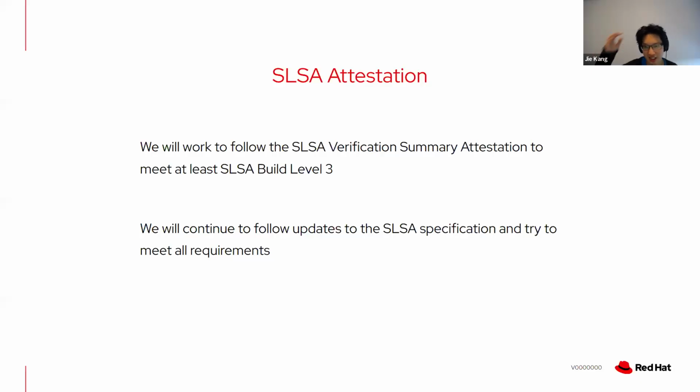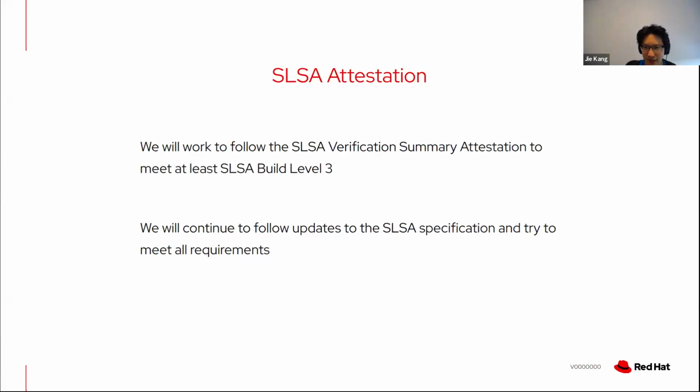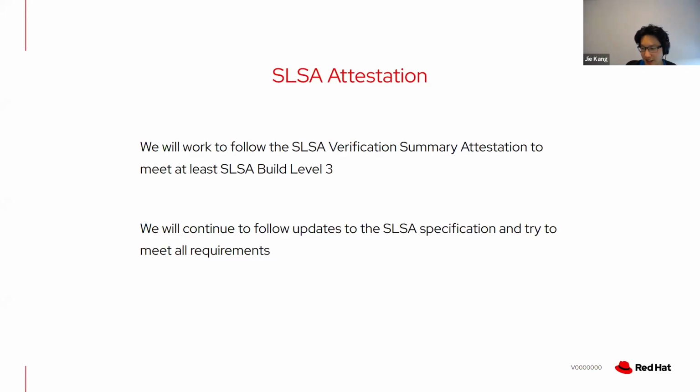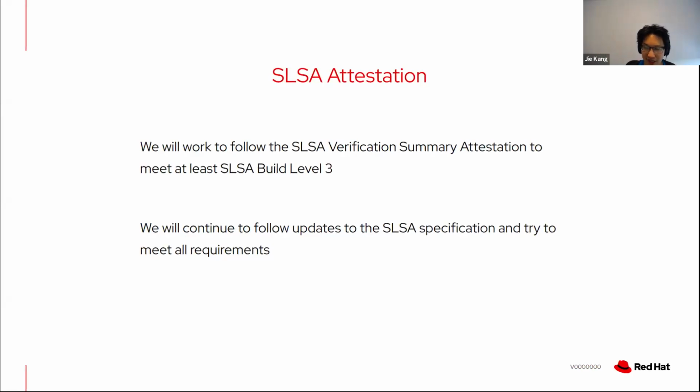With these changes, it's pretty straightforward. We will essentially work to follow the SLSA attestation process to meet at least SLSA build level 3. And assuming they introduce SLSA 4 at some point, we will continue to follow updates to the SLSA specification and attempt to meet all the requirements listed there.